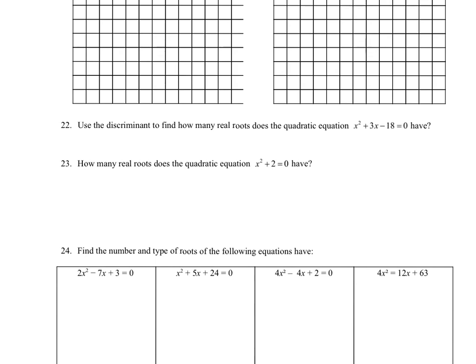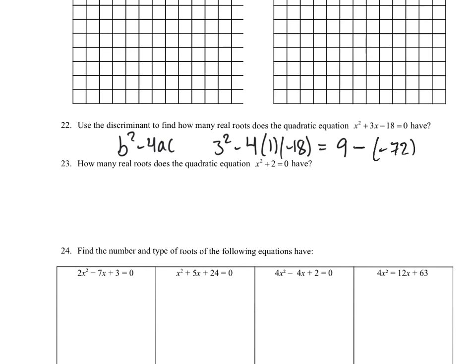So let's use the discriminant here. So discriminant is going to be b squared minus 4ac, right? So let's plug these in. So b squared is going to be 3 squared minus 4 times a, which is 1, times c, which is -18. 3 squared is 9. And 4 times -18 is going to be 72, I think.